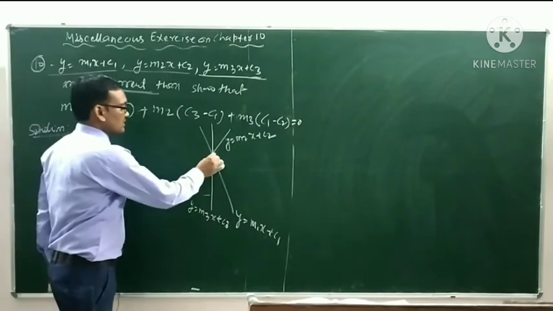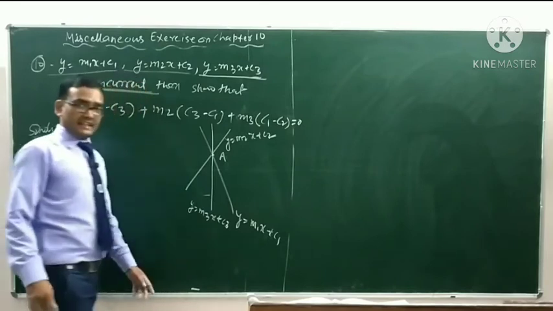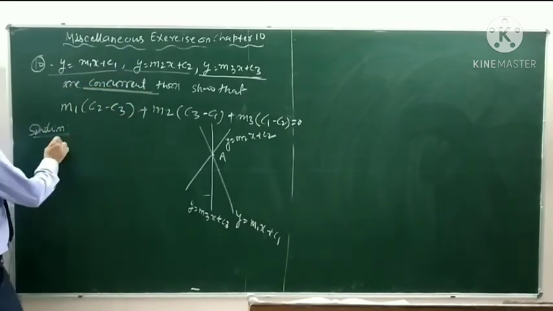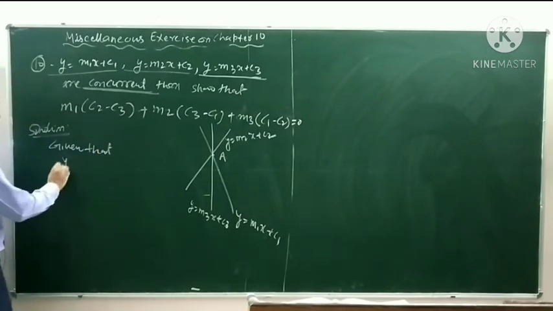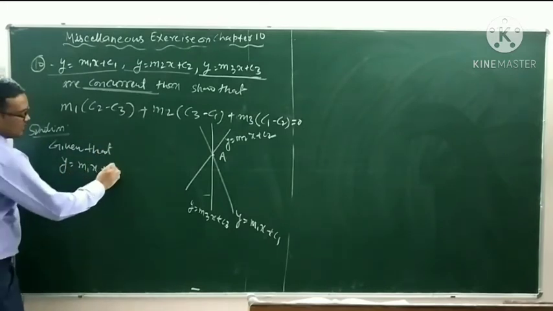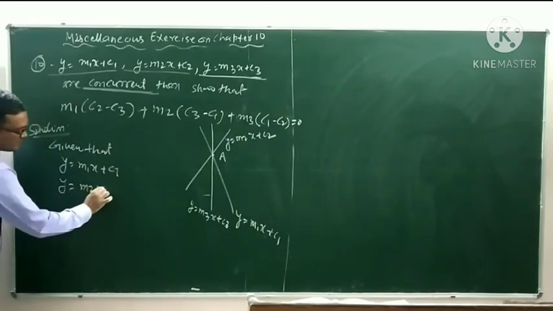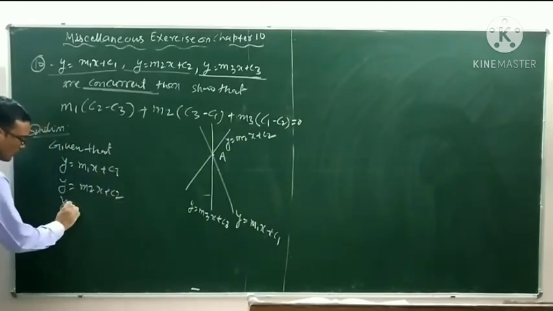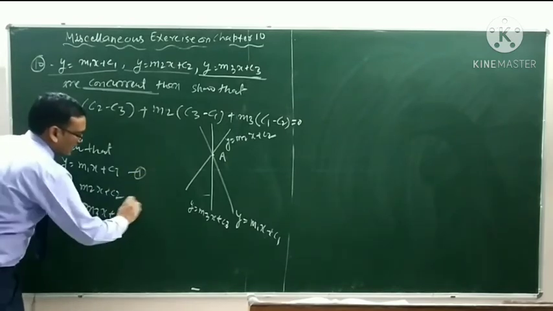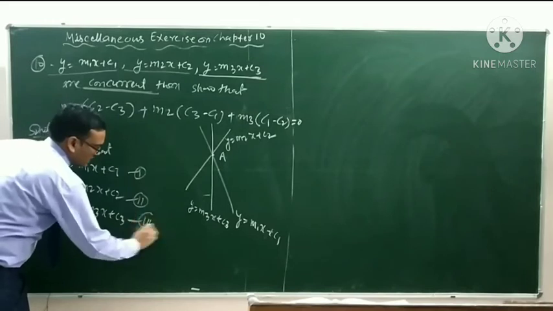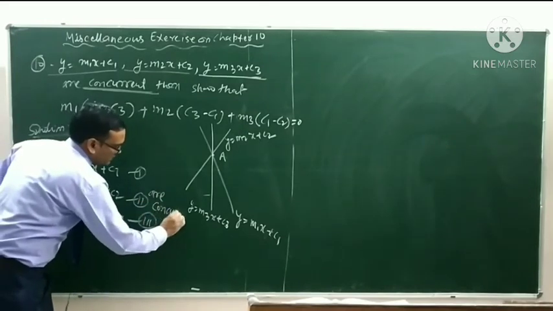Suppose the three lines are concurrent. That means three lines intersect at a point A. Okay students, given that y equal to m1x plus c1, y equal to m2x plus c2, y equal to m3x plus c3, 1, 2, 3 are concurrent.